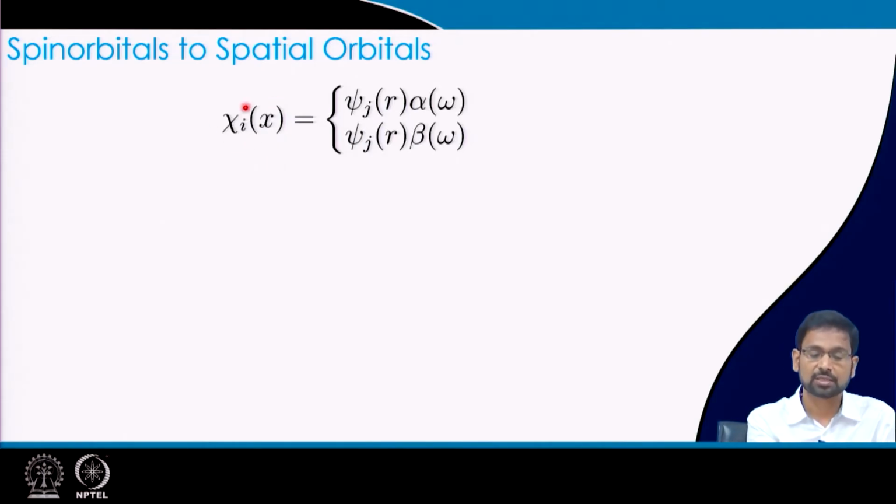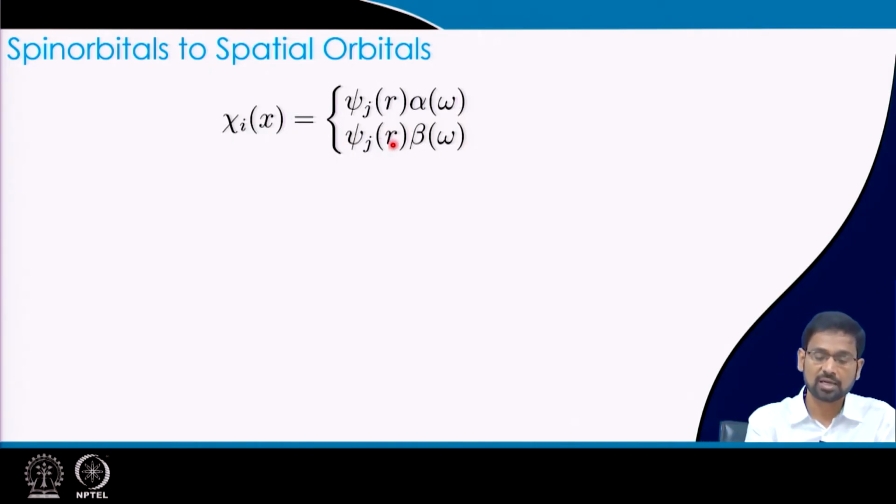So here the spin orbital chi_i, whose coordinate is given as x, can be either psi_j as the spatial orbital with an alpha spin, or psi_j as the same spatial orbital with beta spin. So I can have two different spin orbitals starting from the same spatial orbital psi_j, one with an up spin, another with a down spin.